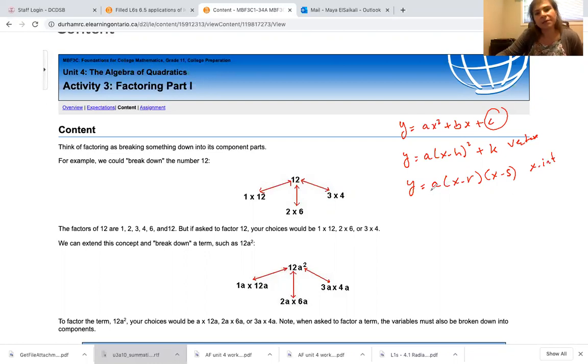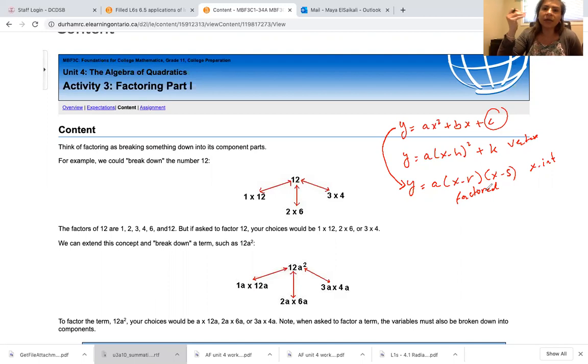Sometimes, if I have the standard form and they want me to find when the graph hits the ground, or intersects the x-axis, it's easier to have it in the factored form instead of the standard form. So it's easier for me to go from the standard form to the factored form, and then find the x-intercepts.